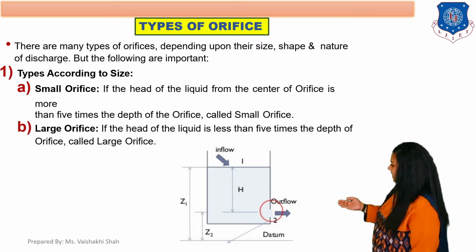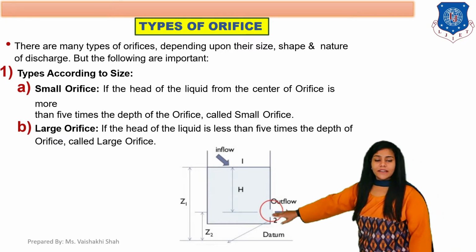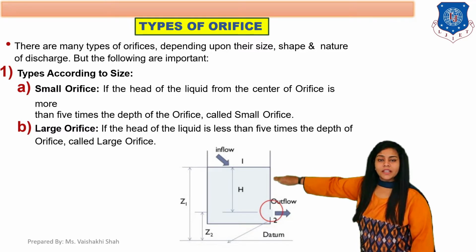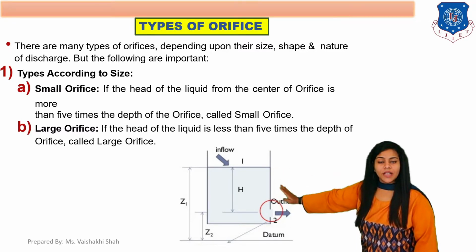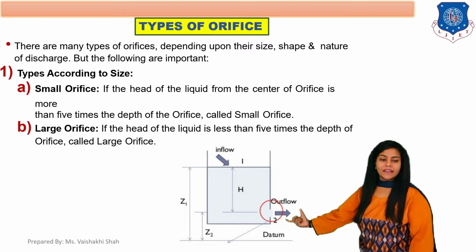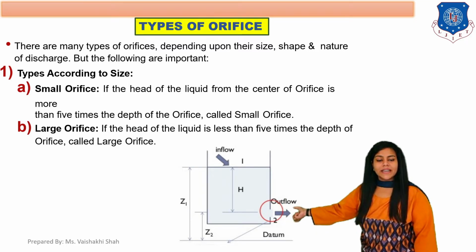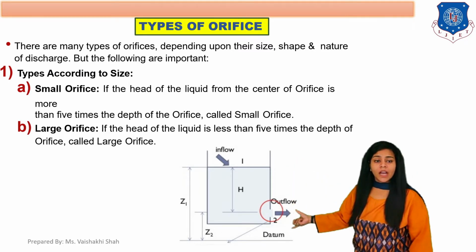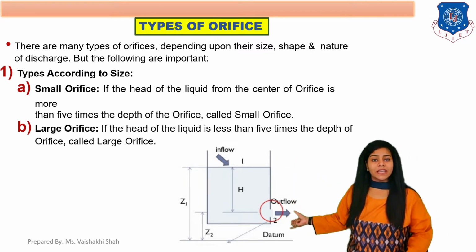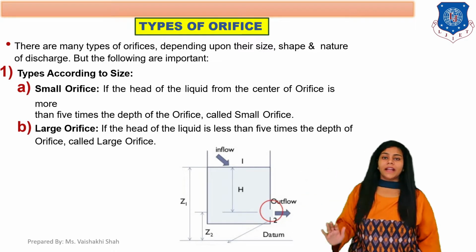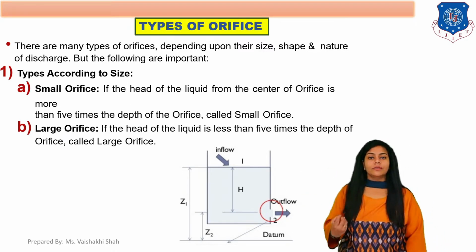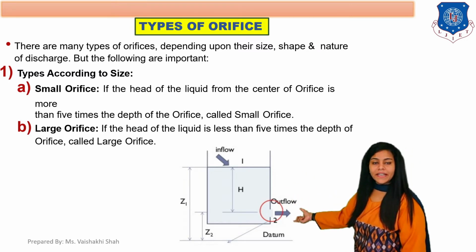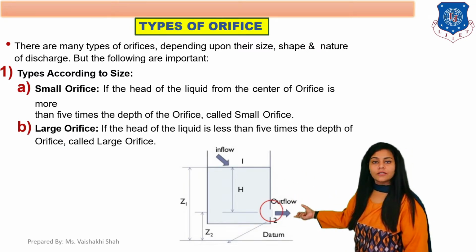As you can see in this diagram, this is the center of your orifice. From the center to the free surface, the depth is indicated as capital H, and the depth of the orifice is this D. If H is greater than 5 times D, that is called a small orifice.